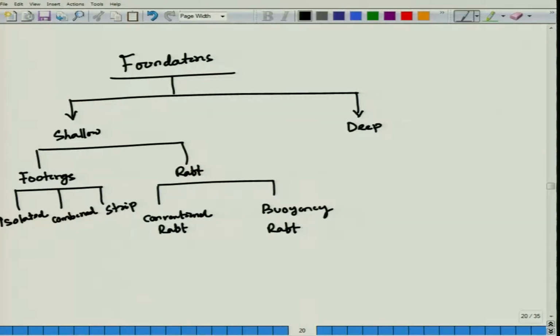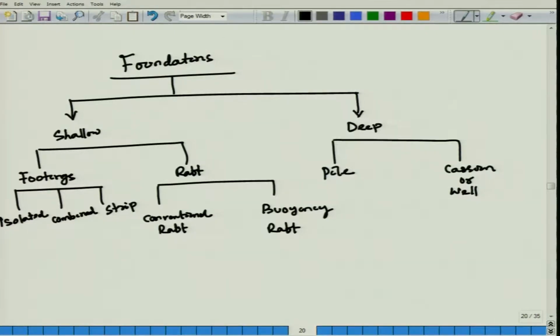Then deep foundations. In deep foundations, particularly, I put pile, caisson or well foundations. So pile raft, pile, these are all coming.